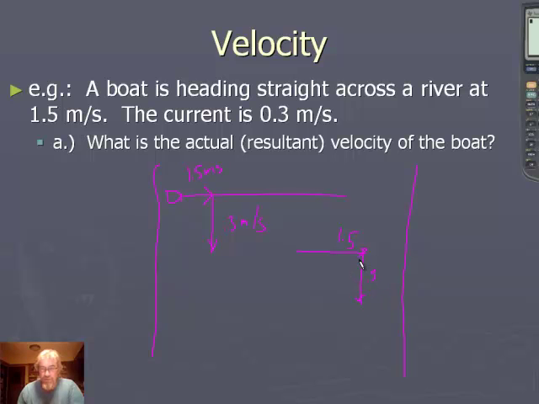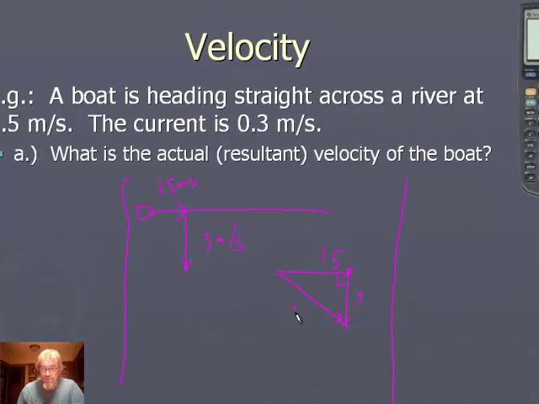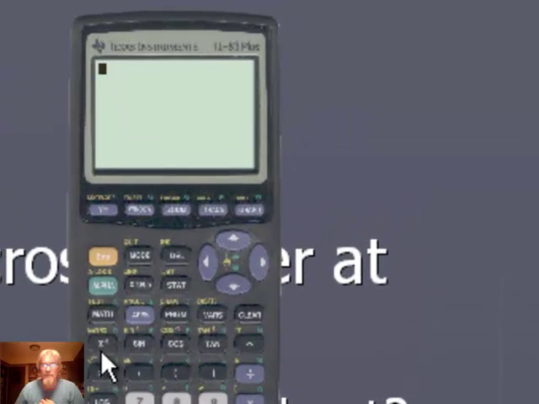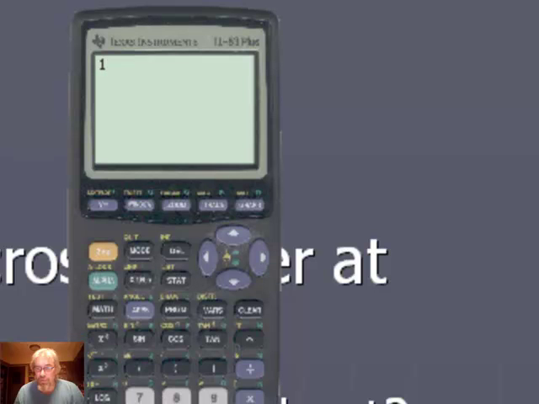Well, this is a Pythagorean theorem problem to get the speed. So this resultant is going to be equal to the square root of 1.5 squared plus 0.3 squared. Let's pull our calculator up and we'll do this. 1.5 squared plus 0.3 squared.